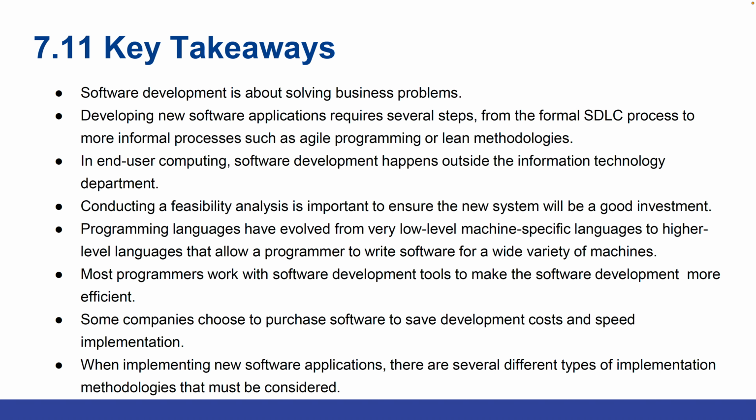Most programmers work with software development tools to make the software development more efficient. Some companies choose to purchase software to save development costs and speed. Implementation. When implementing new software applications, there are several different types of implementation methodologies that must be considered.